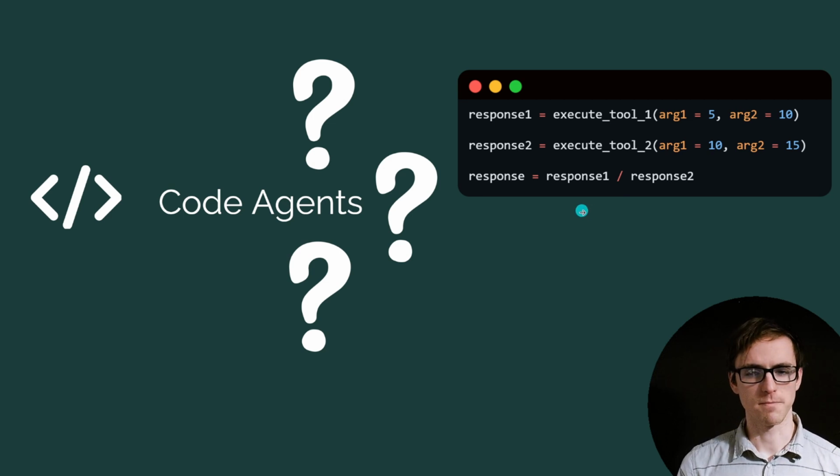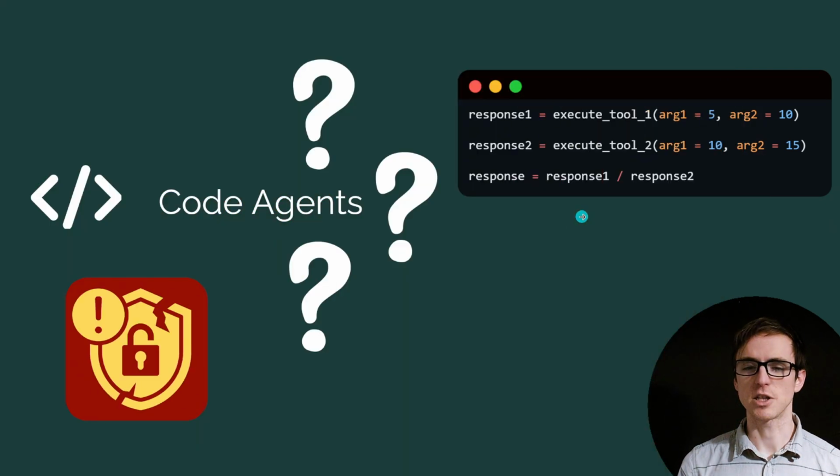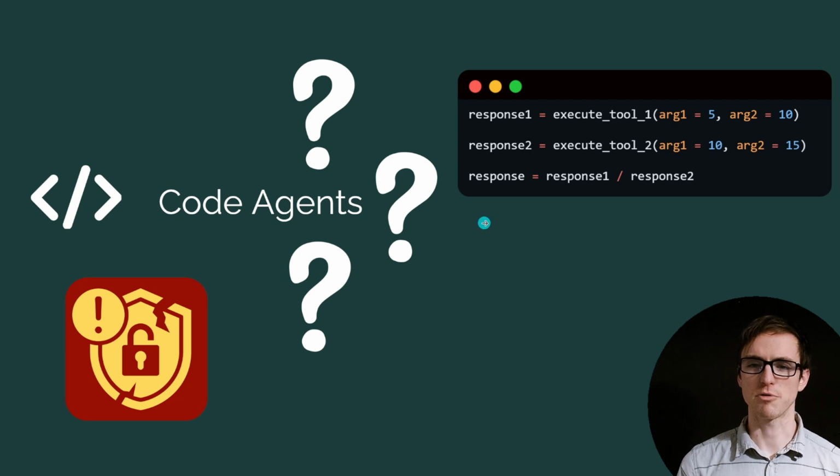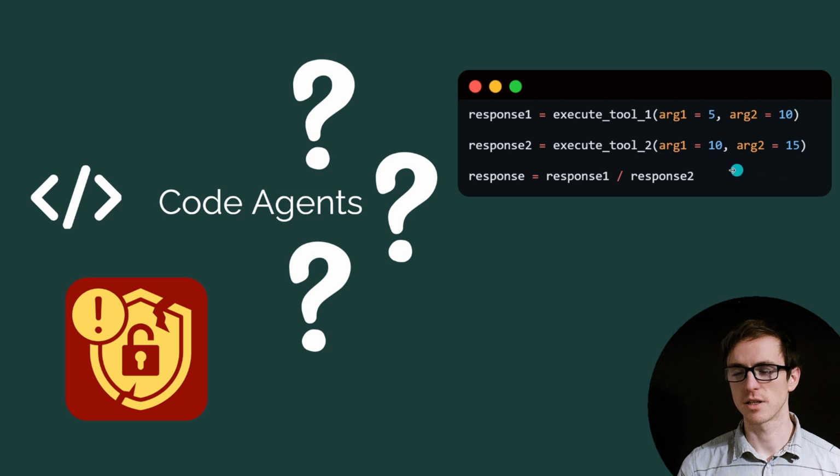The problem with it is that it is a massive security vulnerability if you're executing the code on your server, which means you need to have a sandbox environment either in the cloud or on your server where you can safely execute this code. So it comes with pros and cons, but I can see this being particularly useful for open source models which don't have support for structured output. And so it allows you to use any HuggingFace model to build your language model agent.